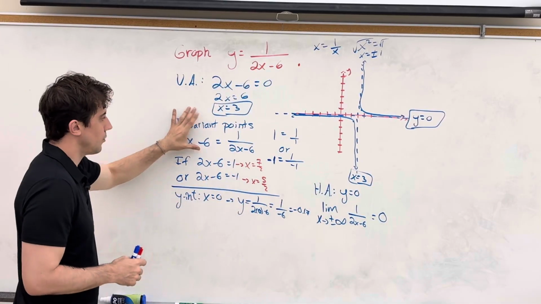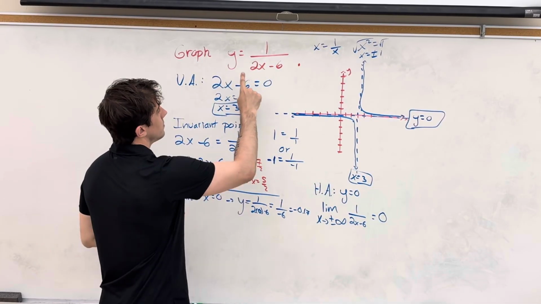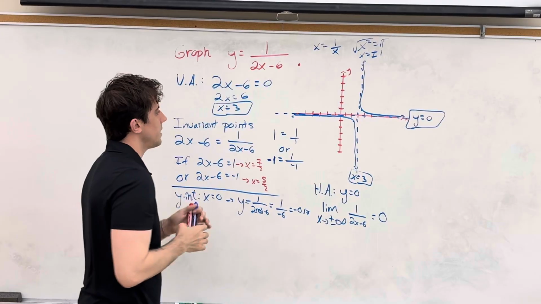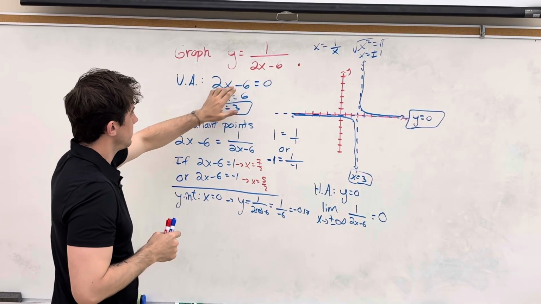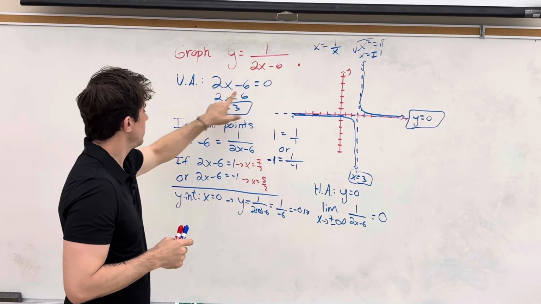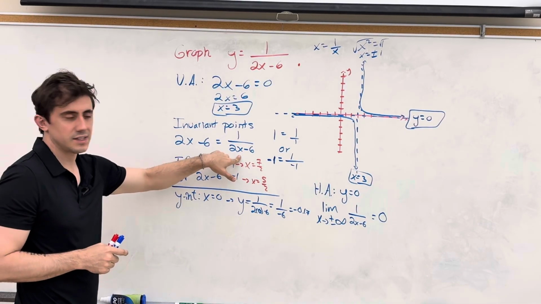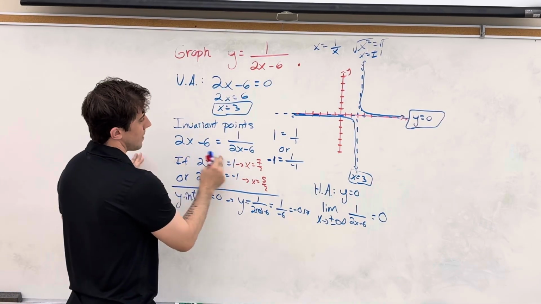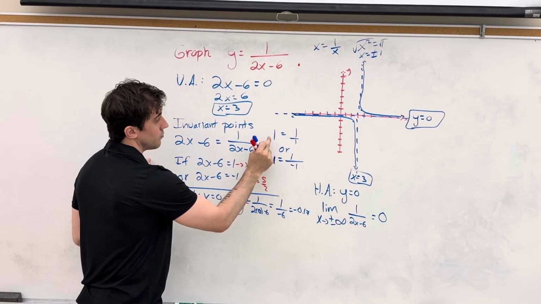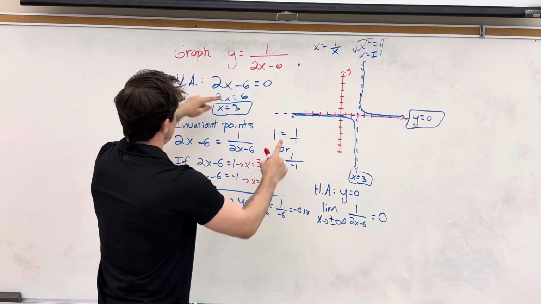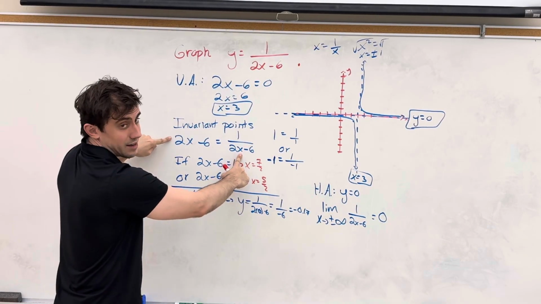And then again, the invariant points come from the fact that this is a reciprocal function, and so we can always look at the denominator itself being equal to 1 over itself. This happens strictly when we have 1 is equal to 1 over 1, because these two things have to be the exact same value.